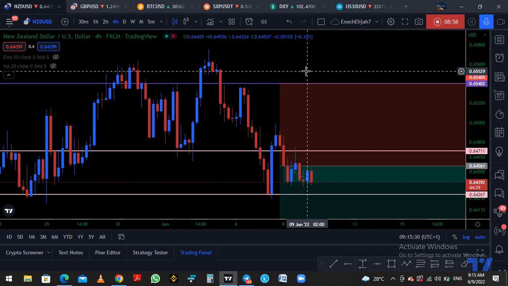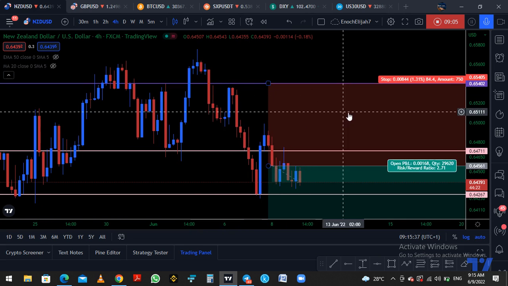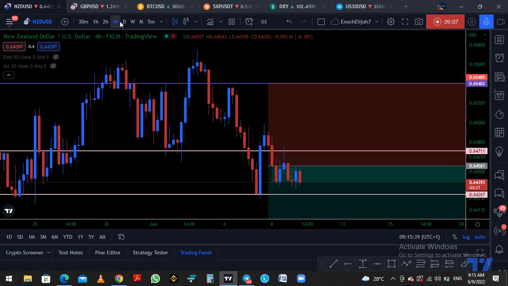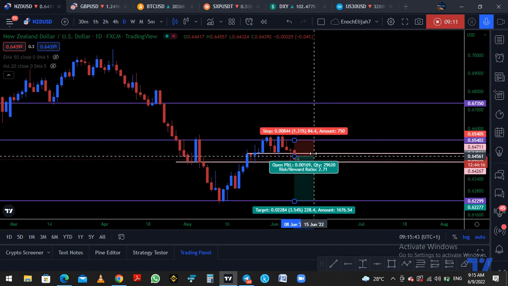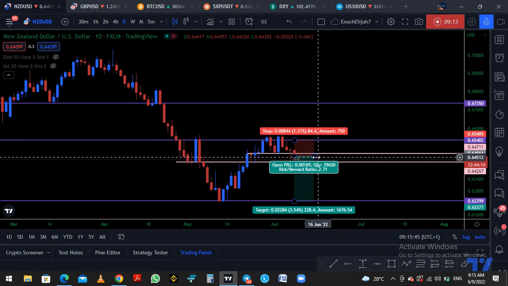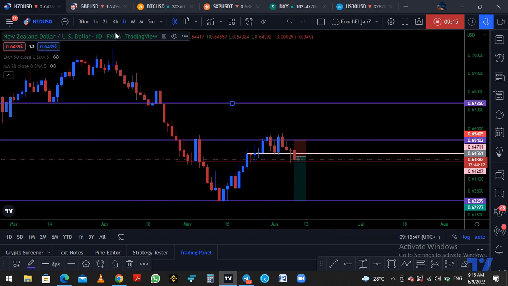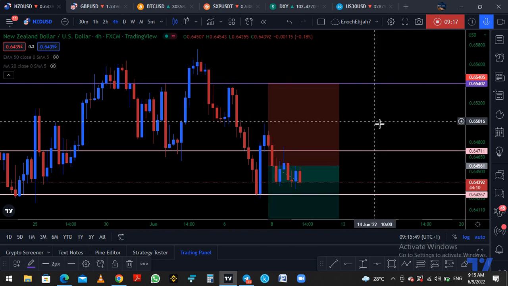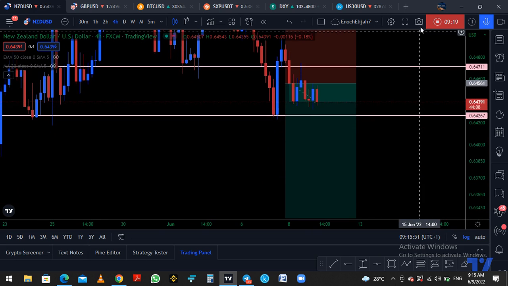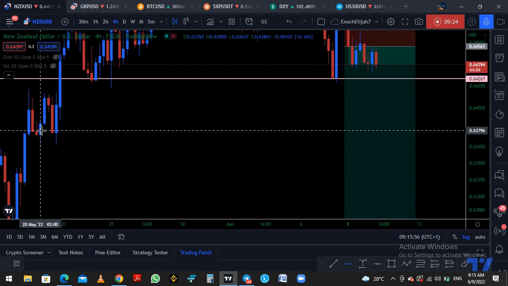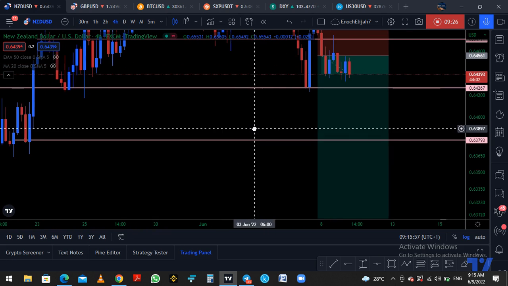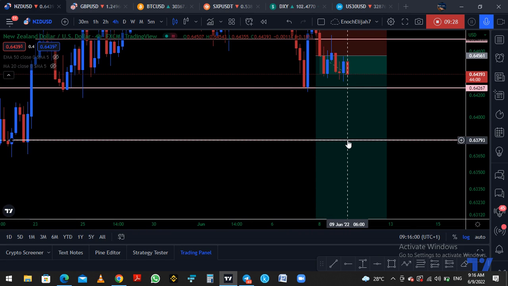Okay, so this is how it works. Let me give an example of that now. Let's say I called this trade for you, and my first TP is here, and price did come down to this level.